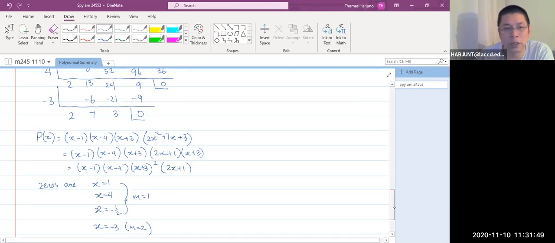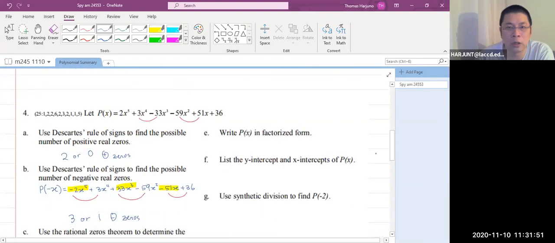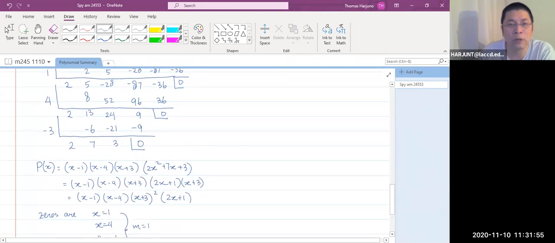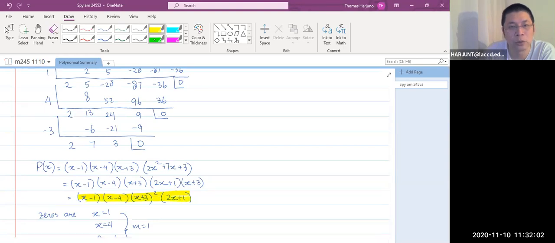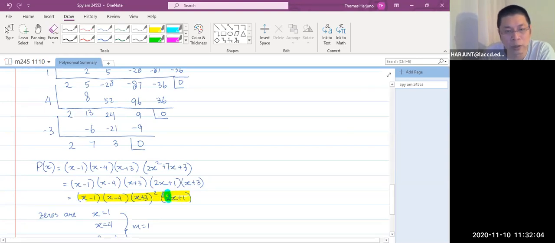Now then from here, I go on, write px in factor form. This seems to be already in factor form, but it's not perfect though. We have a little issue here. When it is in factor form, it has to be x plus or x minus something. So I will factor that 2 out.